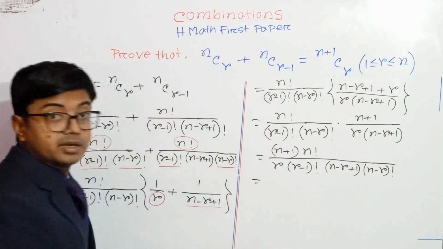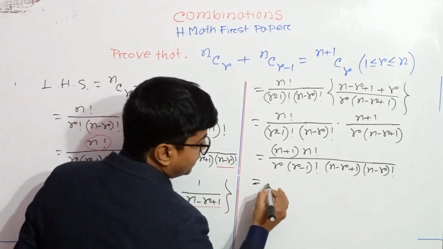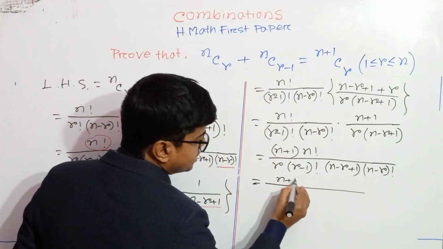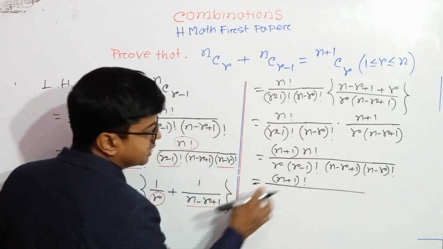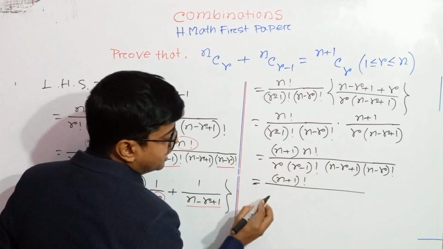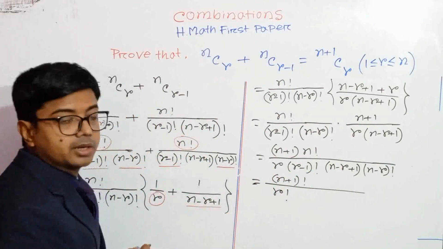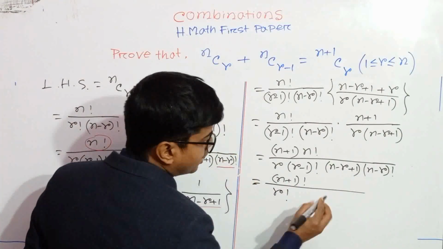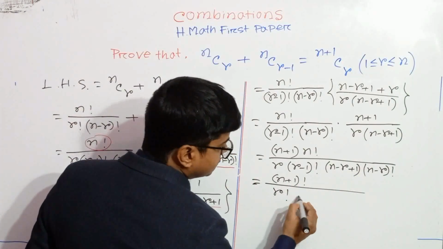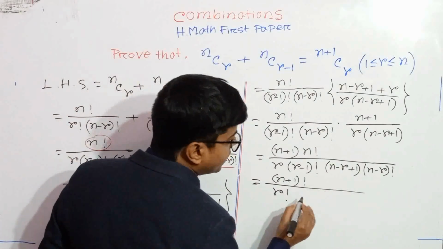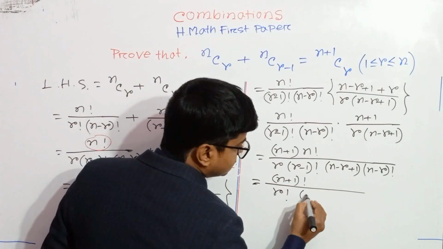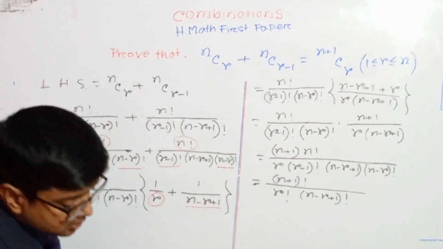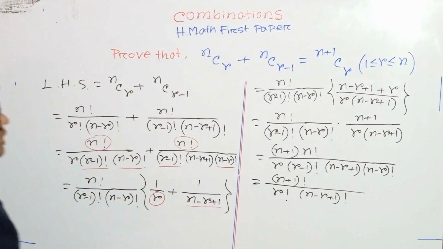So after this line our mathematical expression will be factorial n plus 1 over factorial r, and for the other two parts factorial n minus r plus 1. Now just look at this.